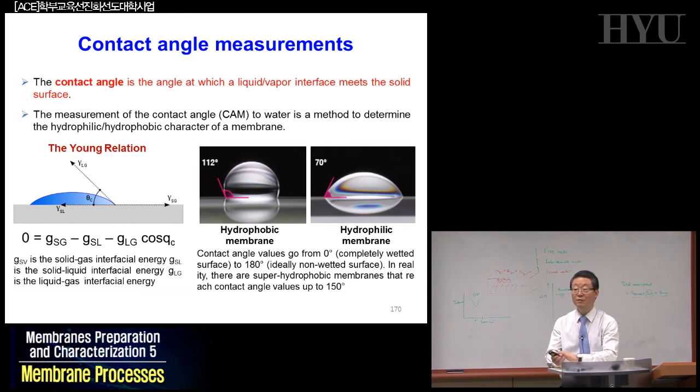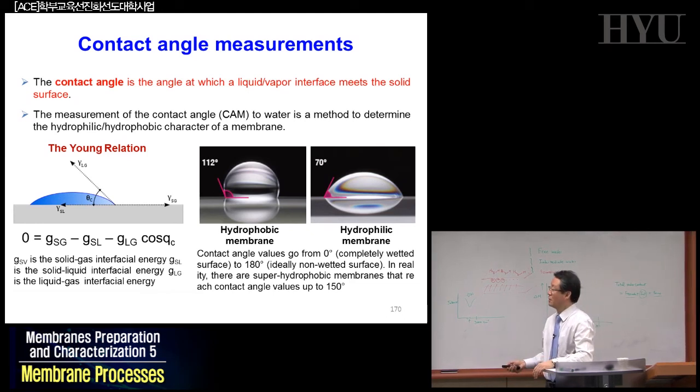Usually, 150 degrees is the criterion for superhydrophobicity. If the membrane has a contact angle above 150 degrees, then it is regarded as superhydrophobic. Lotus leaves have a contact angle above 150 degrees.